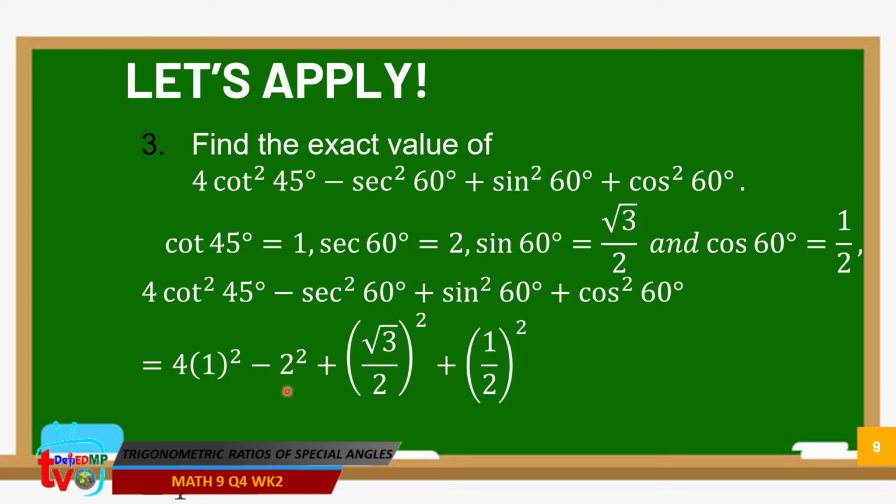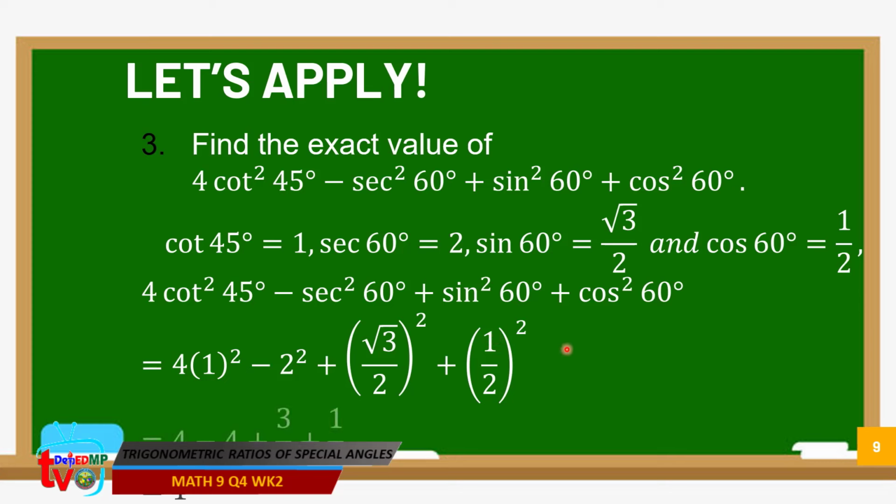So we have here 2 raised to 2, since it is secant squared. Next, plus sine 60 degrees squared. So we have square root of 3 over 2, the quantity raised to 2. And lastly, cosine 60 degrees squared. We have here 1/2 as the value of cosine 60. So we have here the quantity 1/2 squared.